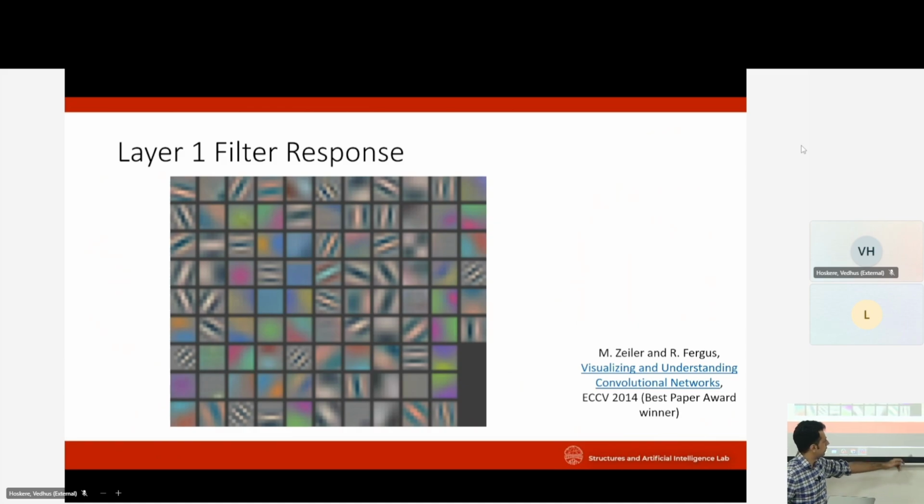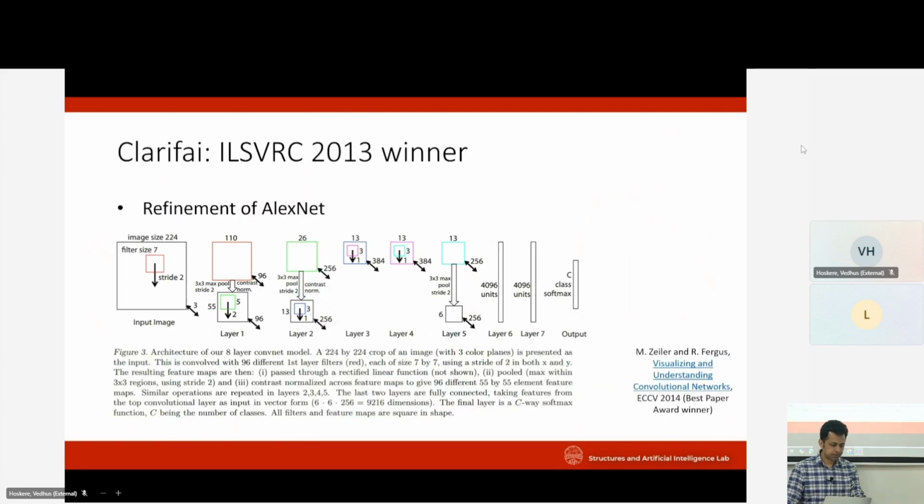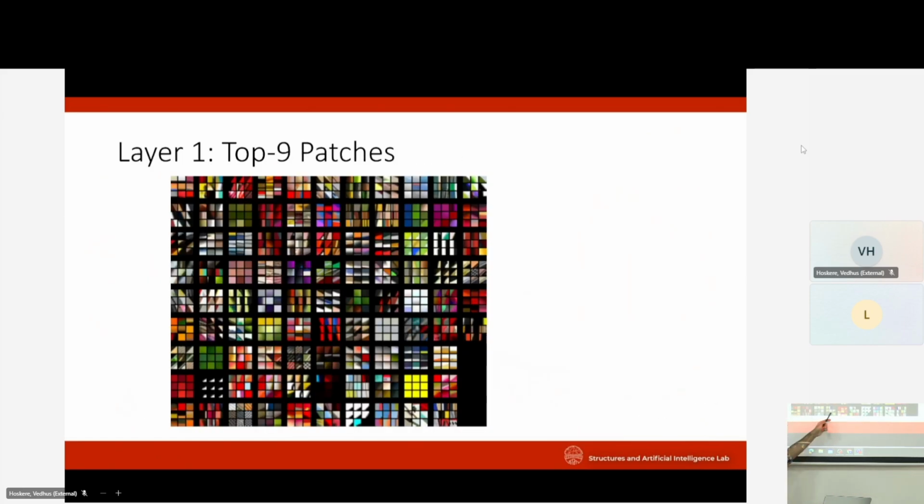It's mostly identifying edges, right? It's been getting excited for edges. And you can see the patches from the input image, right? Because this is the first filter, and the first filter is of size 7 by 7, so it's going to be 7 by 7 patches. And you can see they're mostly edges of different orientations.